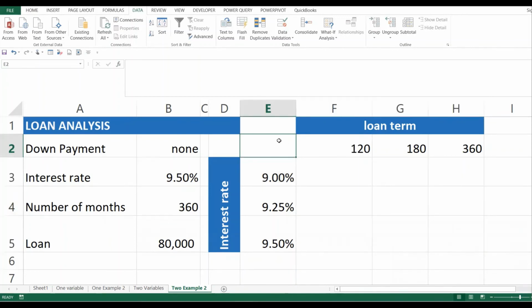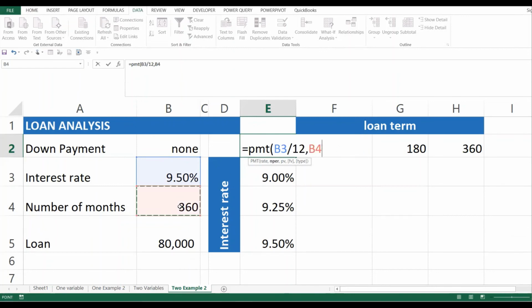So my repayment, you put it in this corner. Set up your table in this format. Then in this corner here, put your repayment. And I told you we use this Excel formula to calculate our repayments. It takes the rate by month, the number of months, and next is the present value of the loan, which is this.